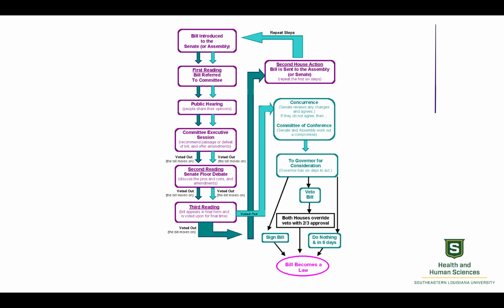So this is not a straightforward process. It's not a linear process. It can take a lot of back and forth and drag on for many years. Like I said, a policy solution takes time and is not always the most practicable solution for every health problem.